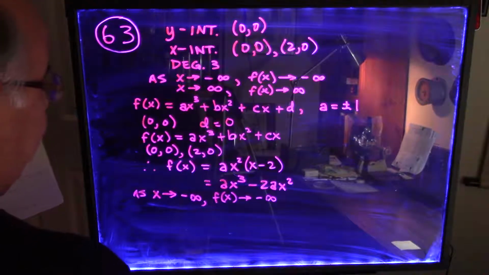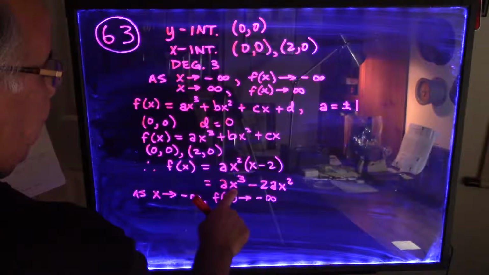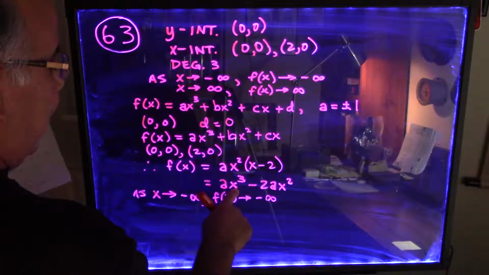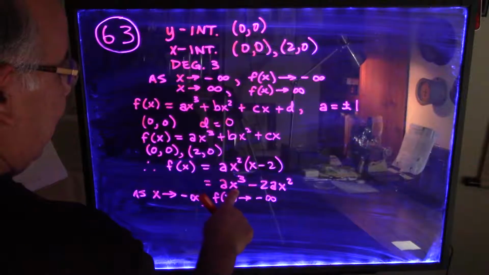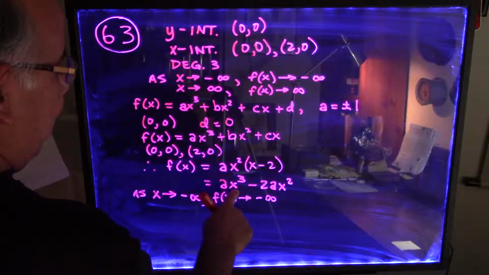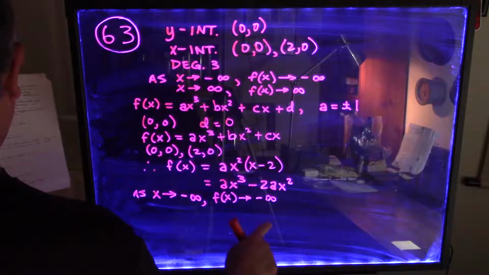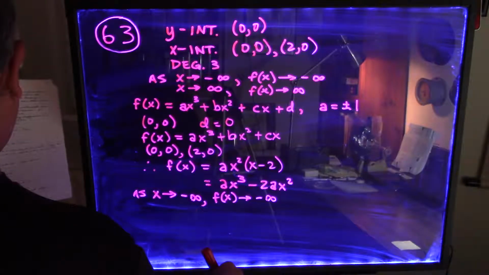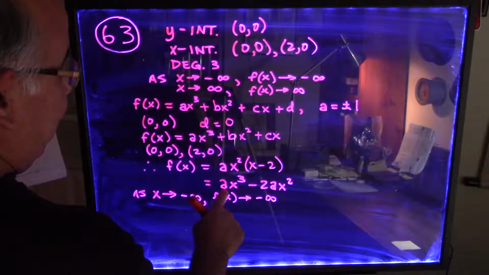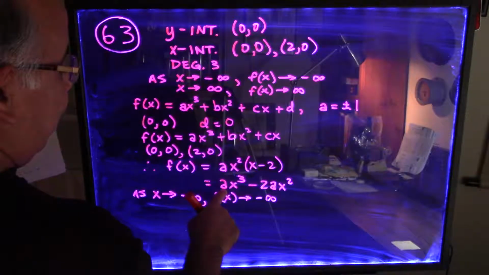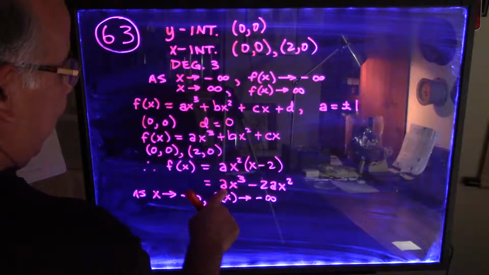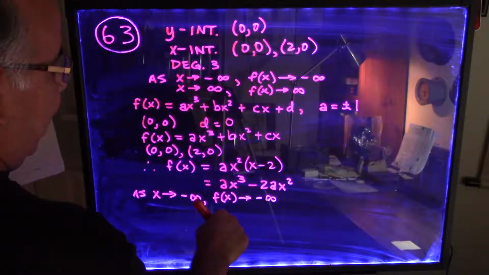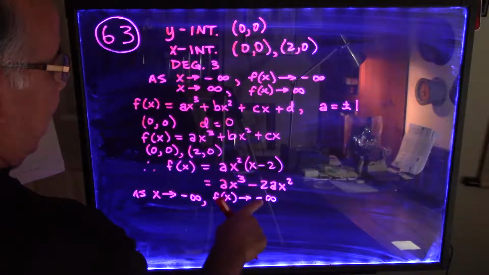As x goes more and more to the left on the x-axis, negative numbers, when you cube it you get a negative, and when you square it you get a positive. If a was negative 1, this would become a positive term, and it's the dominant term, and f of x would go to positive infinity.